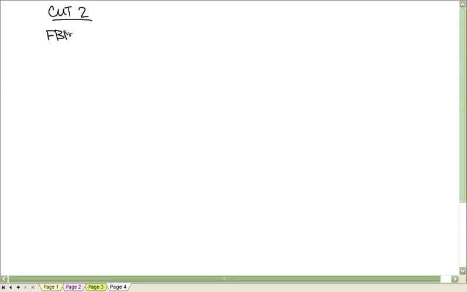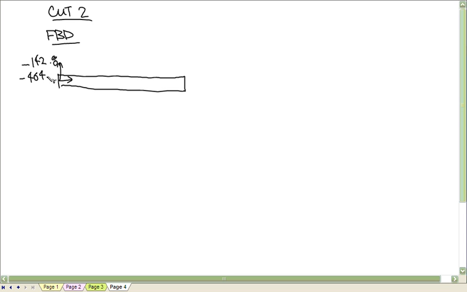Okay, so the free body diagram again goes all the way from the pin. So we still have this negative 142.8, negative 464.5, and now we're going further than 0.25.